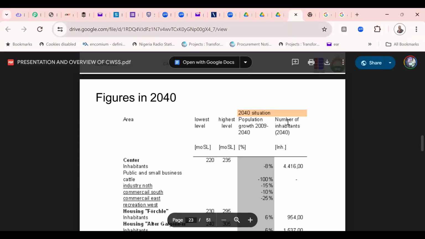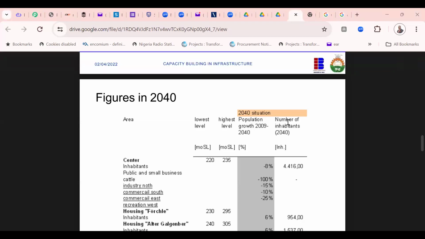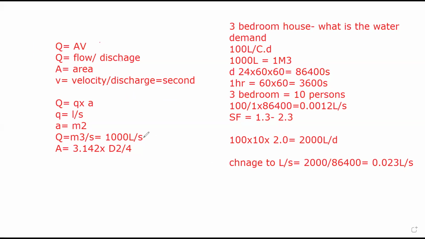Okay, so let me go back here and make sure that I finish up this. So once you've gotten this value, you now go to your charts. Let me bring a copy of the chart.